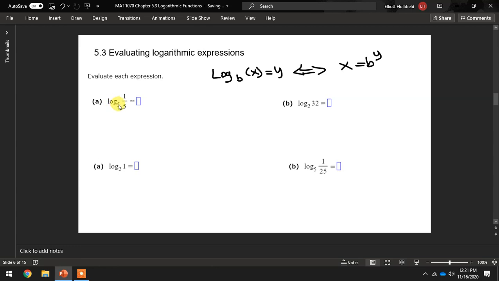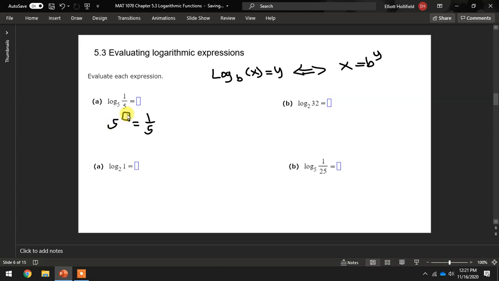So the log base 5 of 1 over 5. 5 to what number is equal to 1/5? 5 raised to blank equals 1/5. What number must go here?